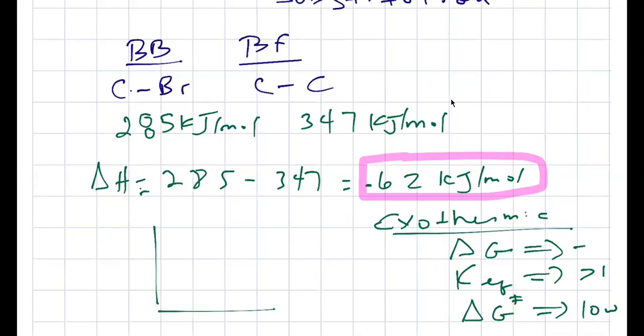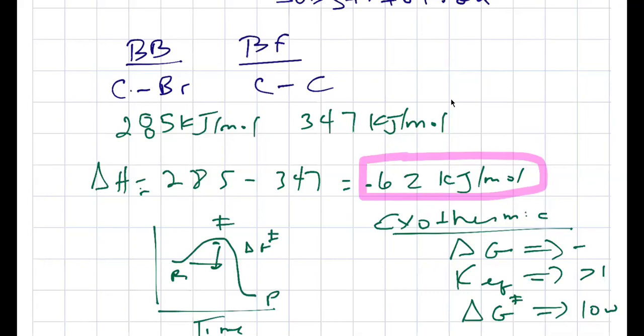Lower as in further down toward the x-axis? Yeah, like when you talk about the energy. It'll be the product that's lower. Because this is the activation energy, right here. That's the transition state. And that's the activation energy.